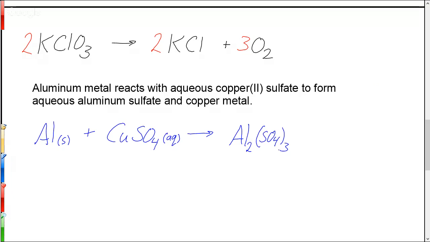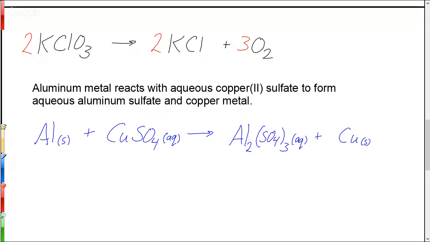That's one we might have to spend a couple minutes to build because aluminum is 3+, sulfate is 2-, so we have to bring those into balance, and we get 2 and 3. That's aqueous as well. And then our final product is copper metal, which is just solid copper. So once we have those all down, assuming those subscripts and formulas are right, then we can start doing the balancing.